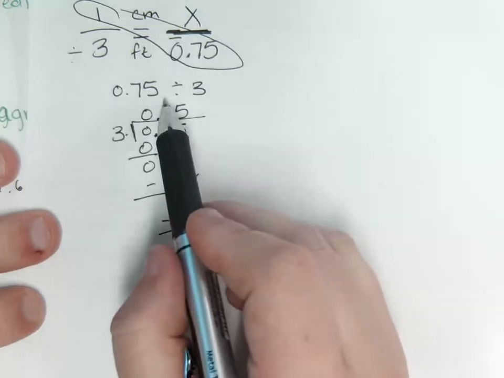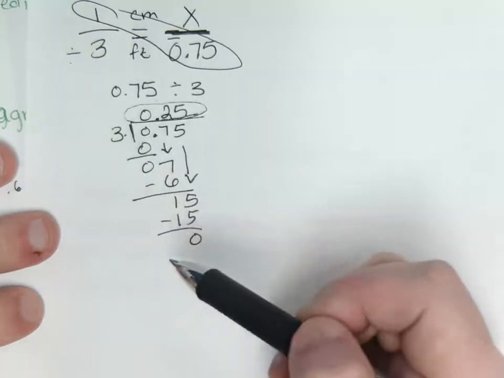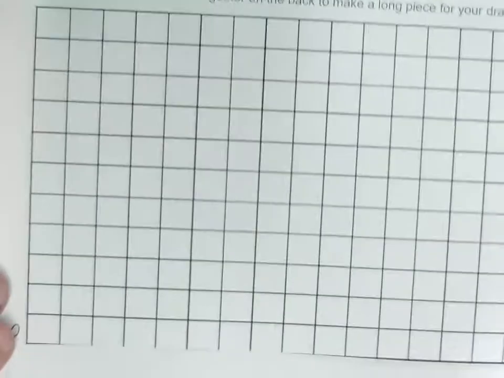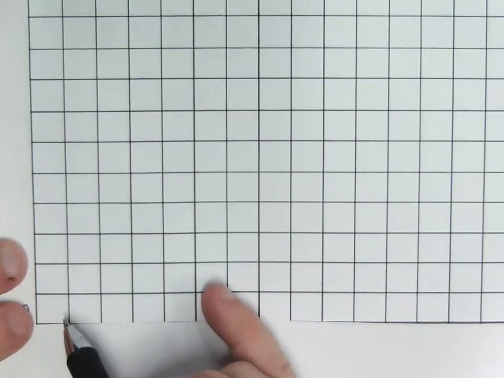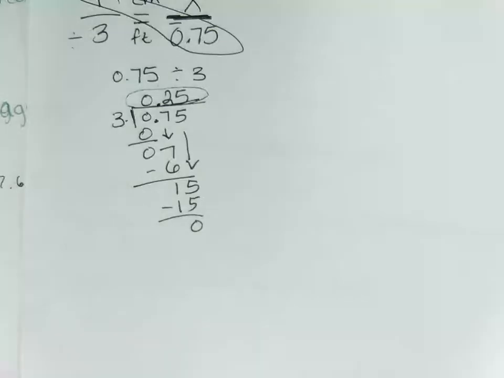So that means on my graph paper, it's going to be 0.25 centimeters. If one of these is 1 centimeter, then when I draw it, I need it to be a quarter. So it's going to be 0.25 centimeters on this.